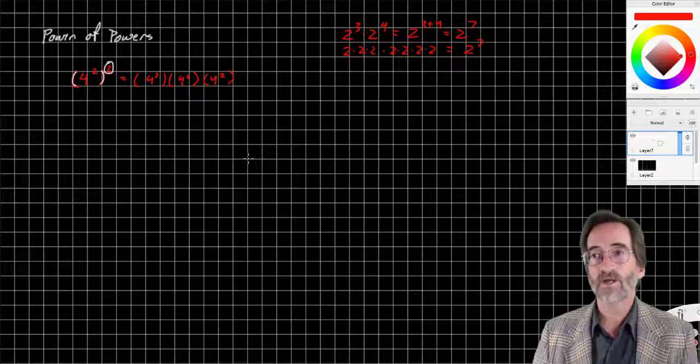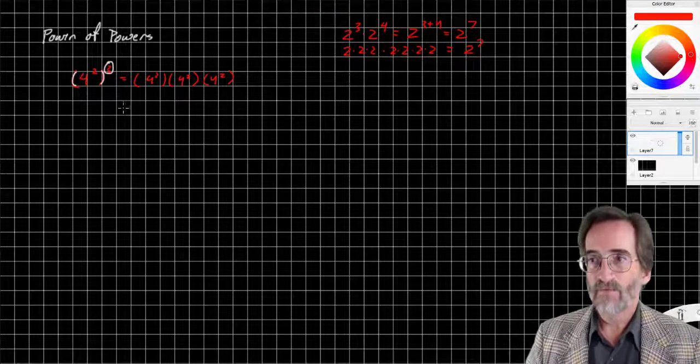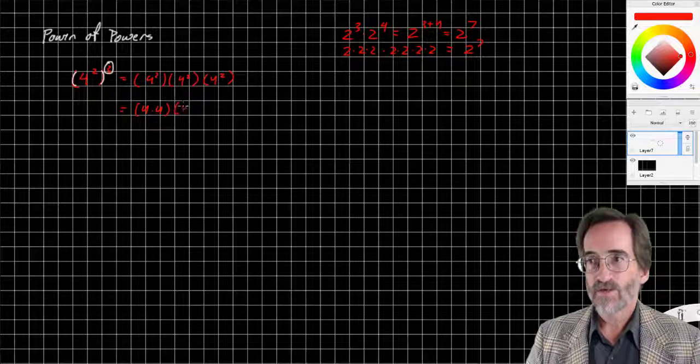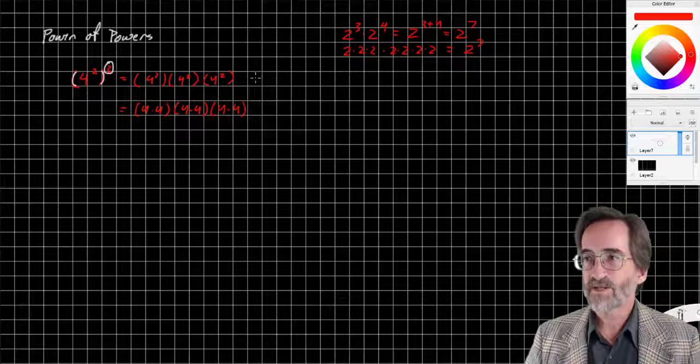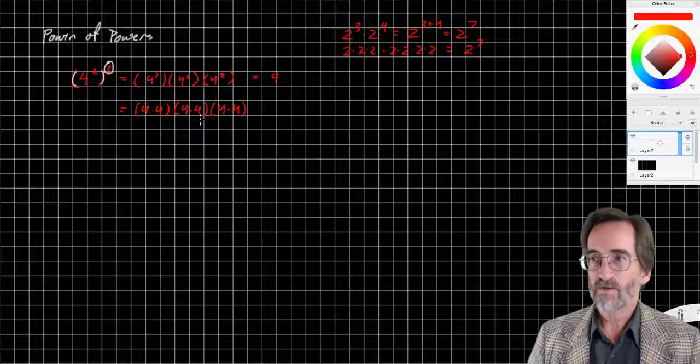Now I'm going to write out what each of those mean. That means parentheses, 4 times 4, 4 times 4, 4 times 4. Okay, now just like we did before, let's count the 4's. There are 1, 2, 3, 4, 5, 6 4's.